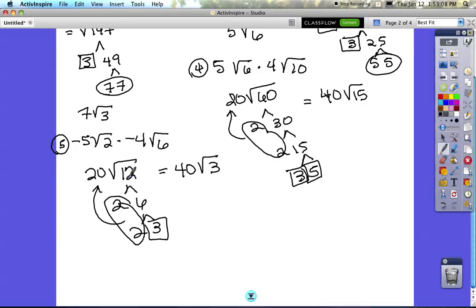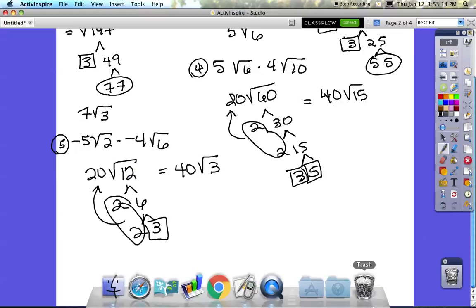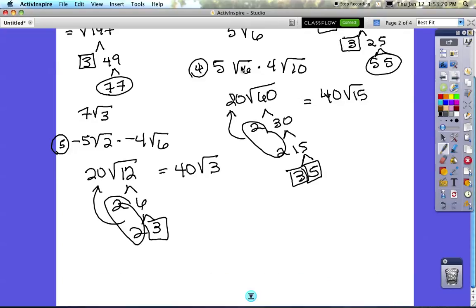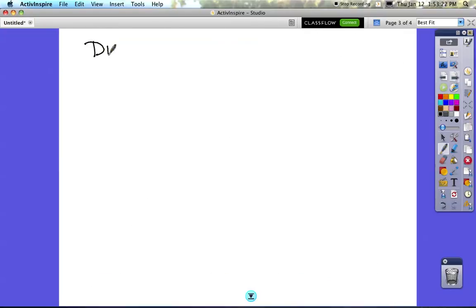If you're taking the cube root, you'd be looking for groups of 3. So when you have a group of 2, then that pulls to the outside. Okay? All right, now the next one, y'all label this distribution. And it works the same way.